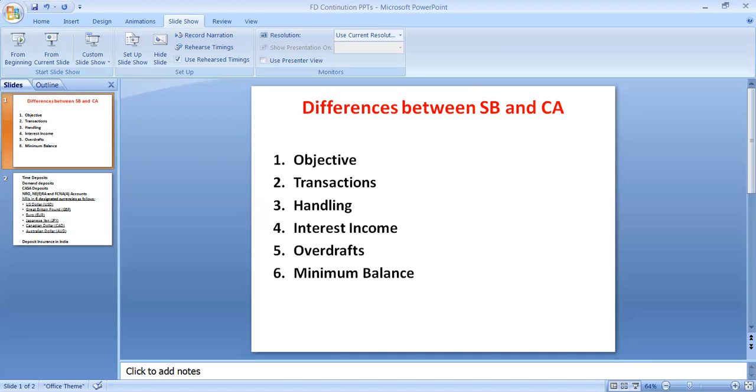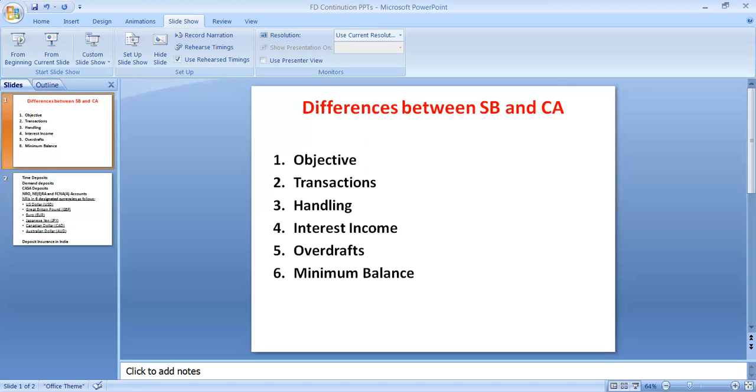In case of saving bank account, you can see the low transactions, small amount transactions, number of transactions also very less. However, in current account, you can see the large transactions, big amount transactions. So this is all about the second difference between SB account and current account.